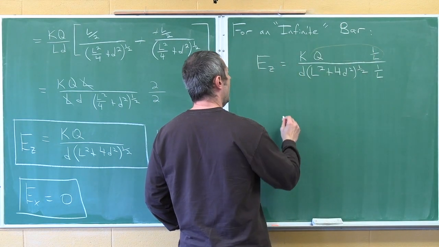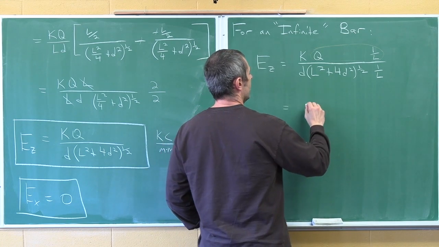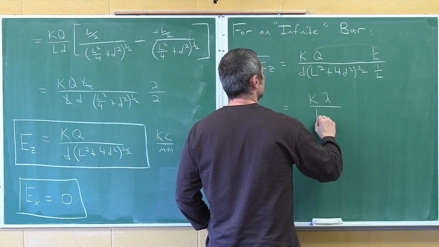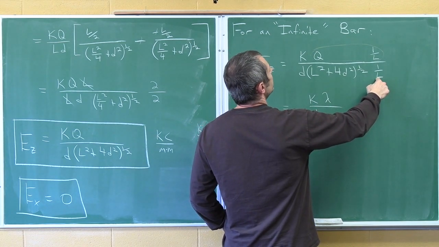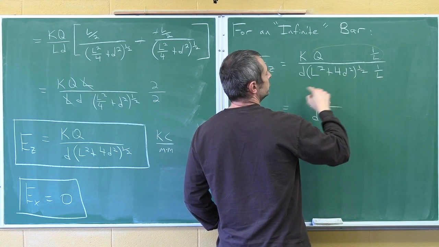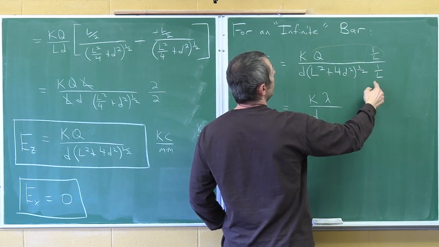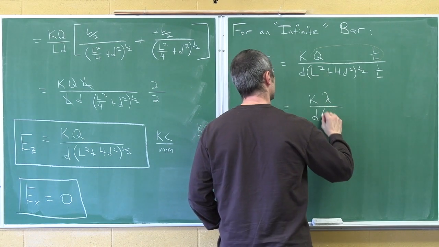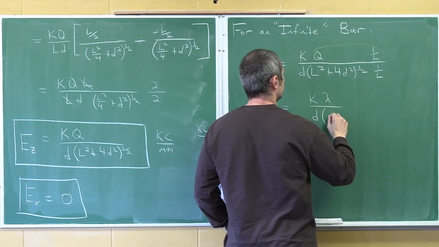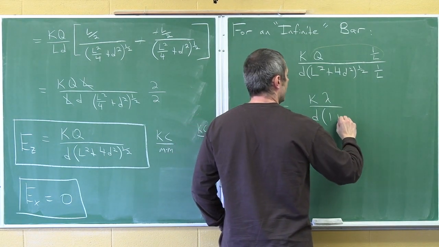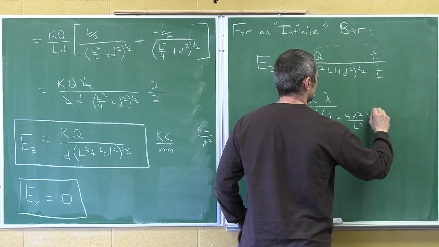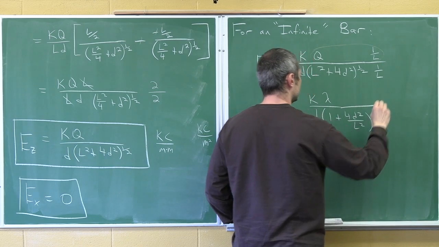So on the top, I have K lambda D, and then I'm going to bring this L under the radical, which makes it a 1 over L squared dividing into these two terms. So L squared over L squared is 1. And over here we've got 4D squared over L squared to the 1/2 power.